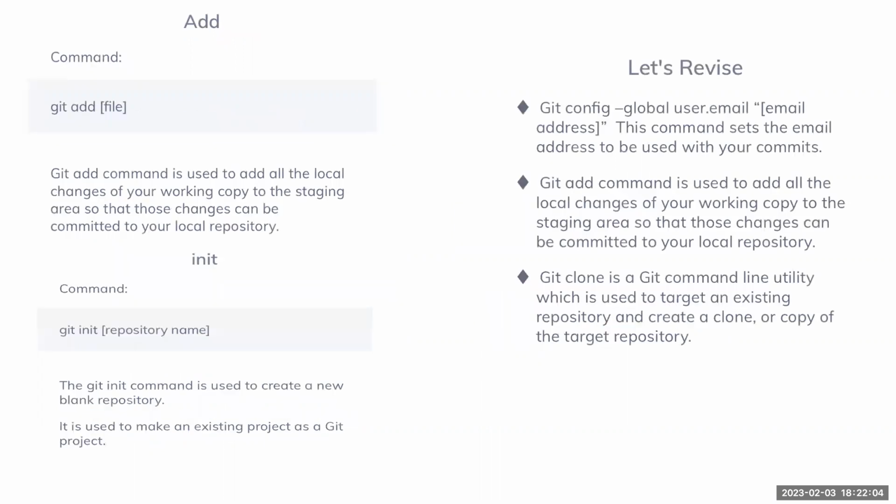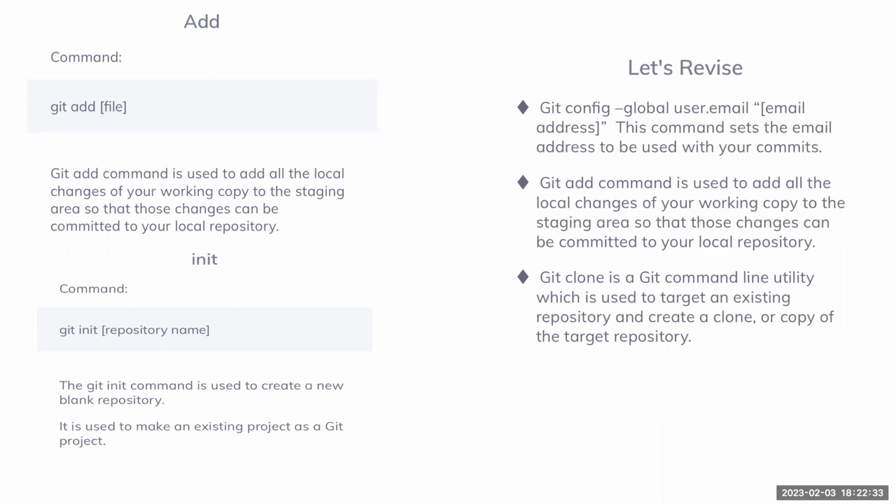Git add, I think you're already aware, if you want to add something to the staging, we use git add file. The untracked changes will start being tracked by the git repo with this command. And git init repo name, if you want to create an initial repository, you use this git init command.